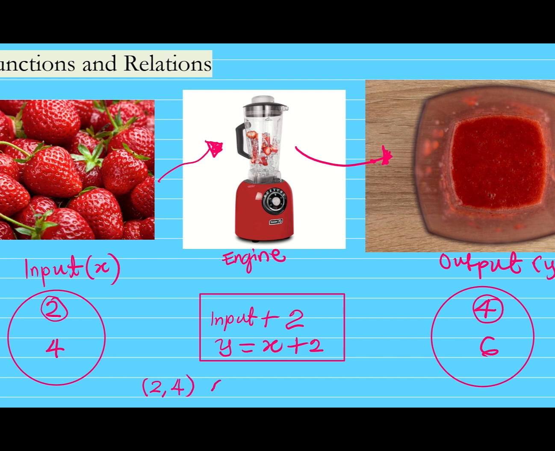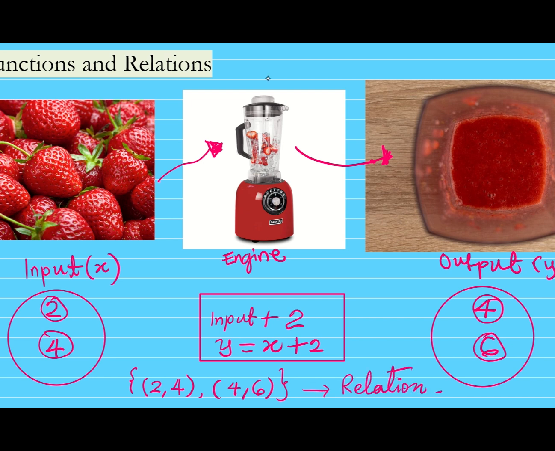And then I pick 4 and pair it with 6, and I put this in a set, like so. You will call this a relation.